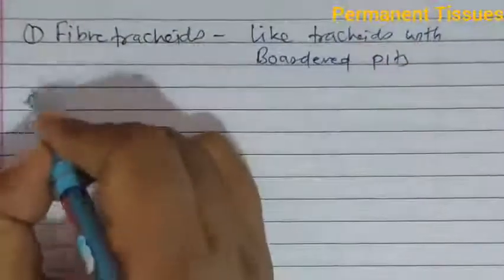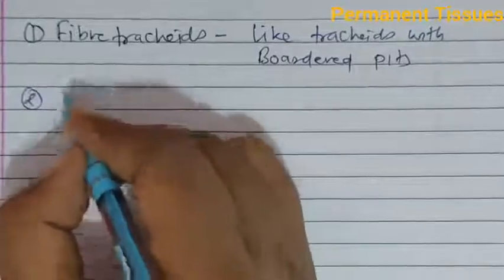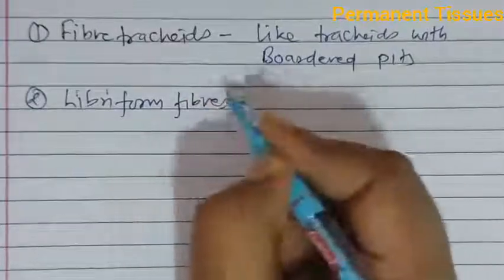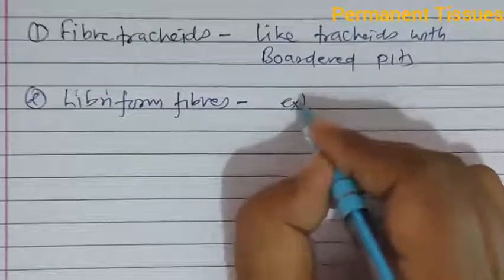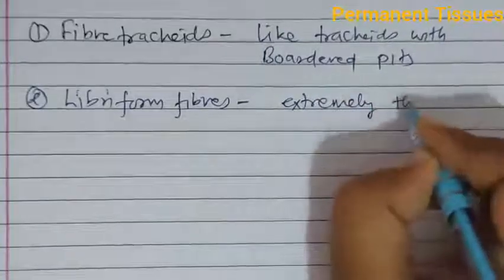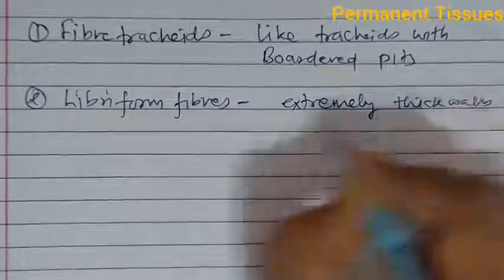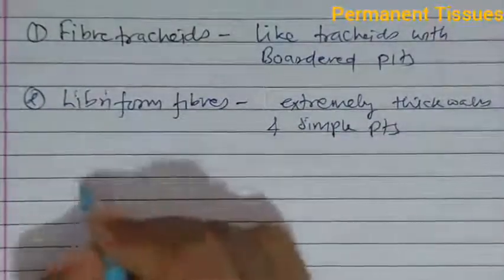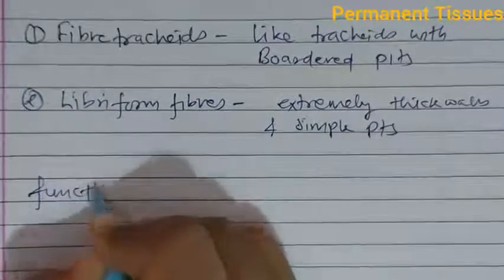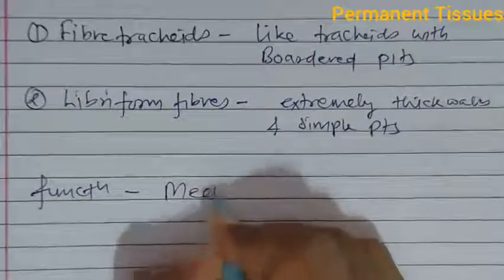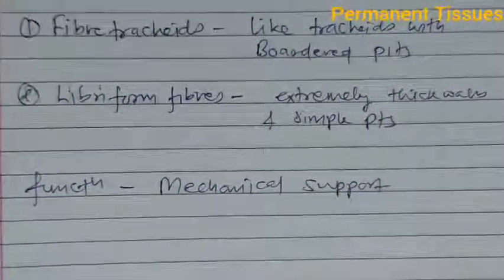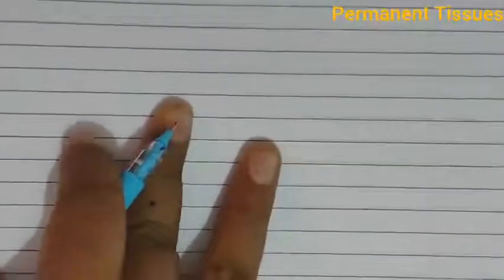Whereas the second type is libriform fibers, and these libriform fibers have extremely thick walls, and they have simple pits, and they provide mechanical support. So the function of xylem fiber is to provide mechanical support.